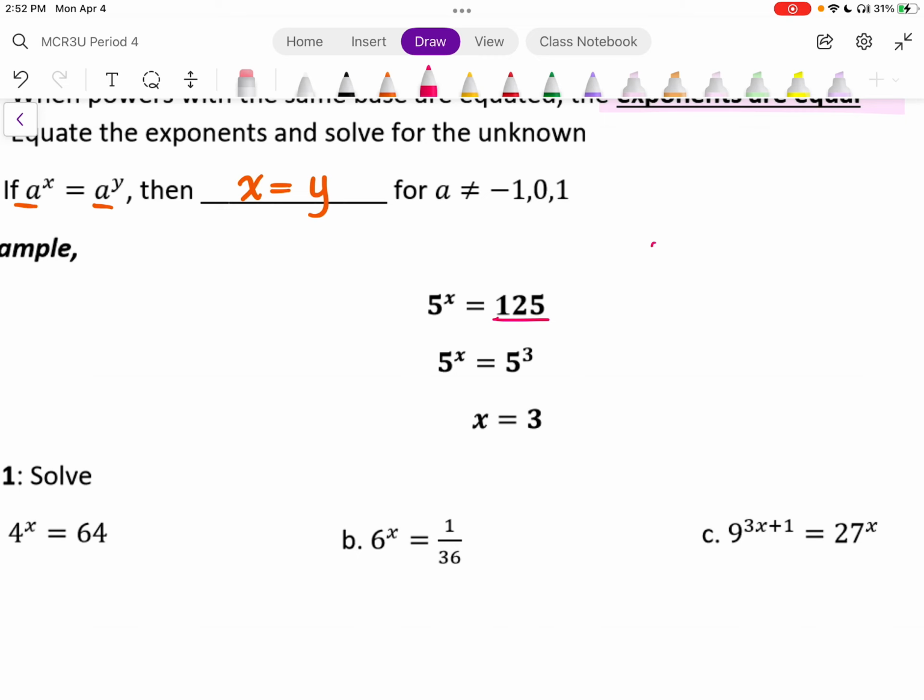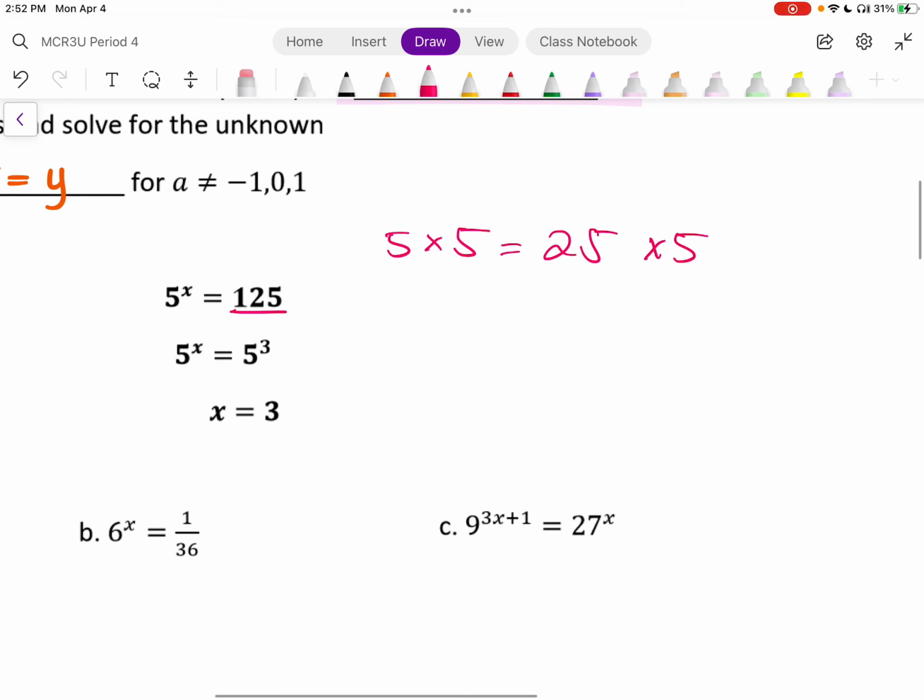I know that 5 times 5 is equal to 25, right? And then I'm going to go into my calculator and I'm going to see, okay, can I do 25 times 5, right? Times 5 is going to give me 125. So I know that 5 to the power of 3 is equal to 125, right?